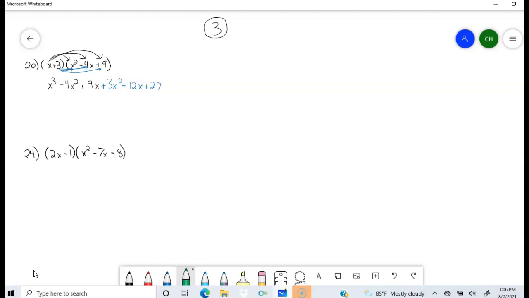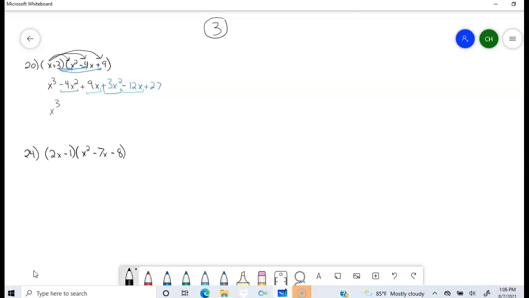So I've got negative 4x squared and 3x squared. And I have 9x minus 12x I can combine. That'll leave me with x to the third.